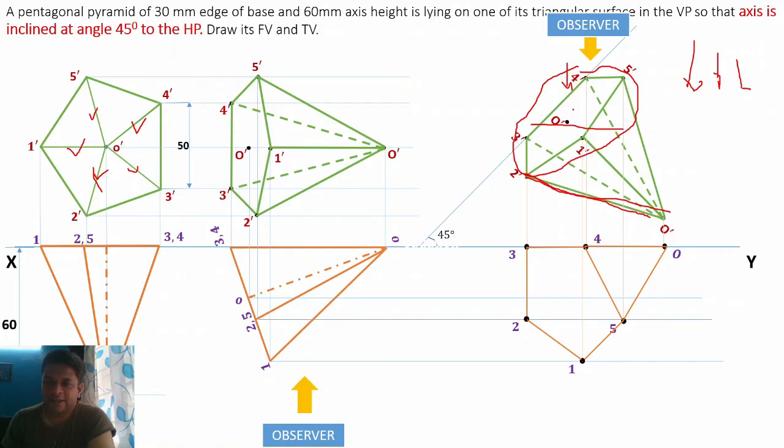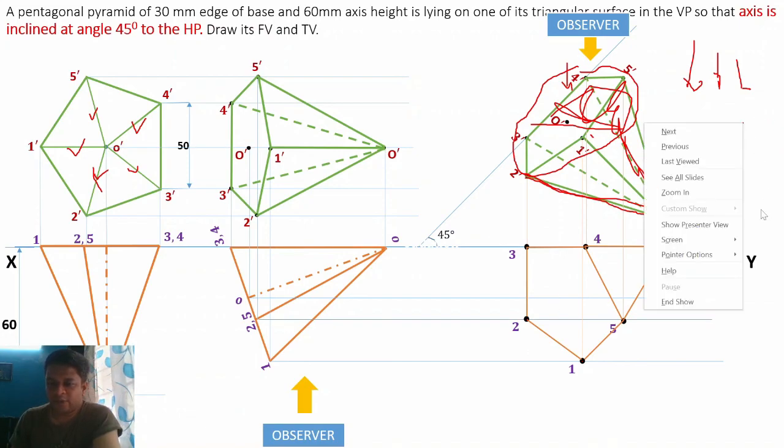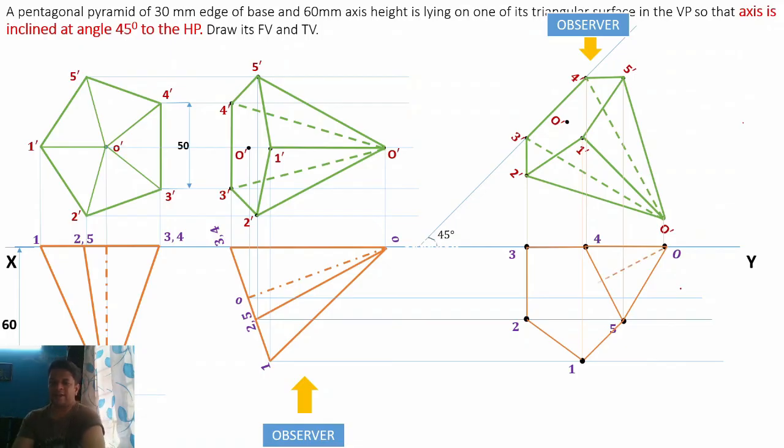The topmost area, the 3D area, you have to consider is visible totally to the observer, but edges like O dash 1 dash, O dash 2 dash, O dash 3 dash may not be visible to the observer. That's why O dash 2 dash should be shown with the help of hidden line. So connect O dash 3 dash with 2 dash with the hidden line. Remember this edge is away from the observer, that's why it is shown with the help of dotted line.